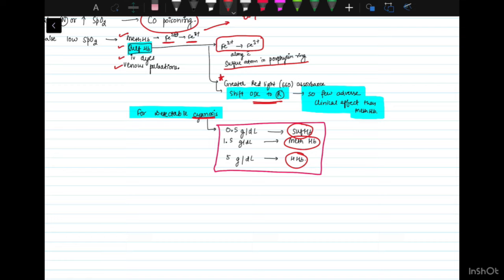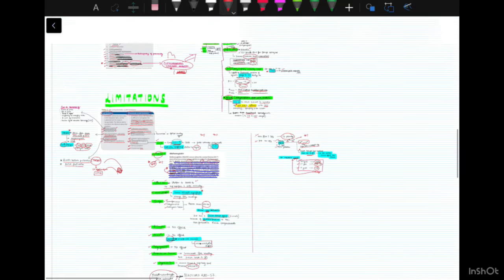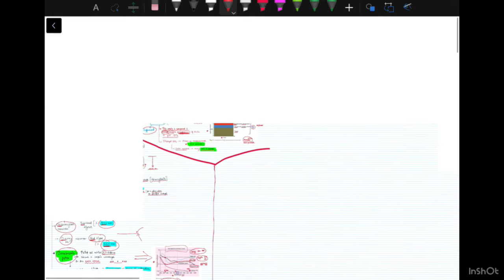And for sulfhemoglobin, methemoglobin and deoxyhemoglobin, for cyanosis to develop, we need that much concentration: for sulfhemoglobin 0.5, for methemoglobin 1.5, and 5 gram per deciliter of deoxyhemoglobin should be present to clinically detect cyanosis. That's all about the components of the pulse oximeter, and thank you.